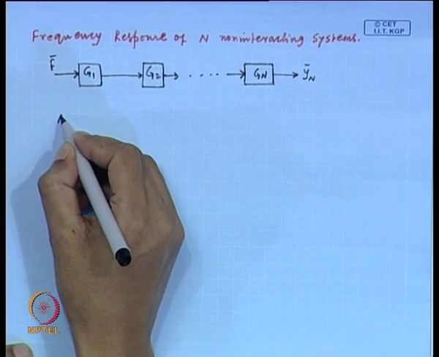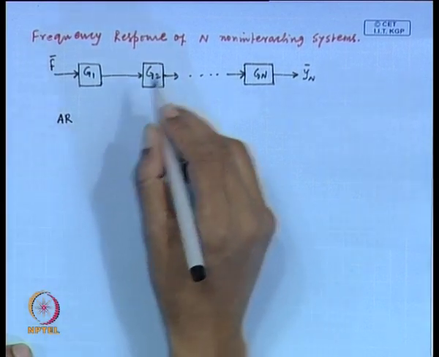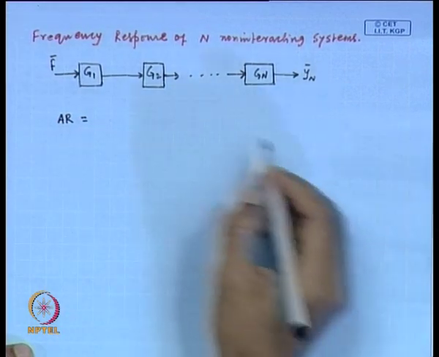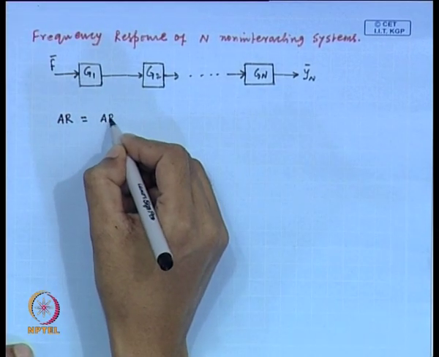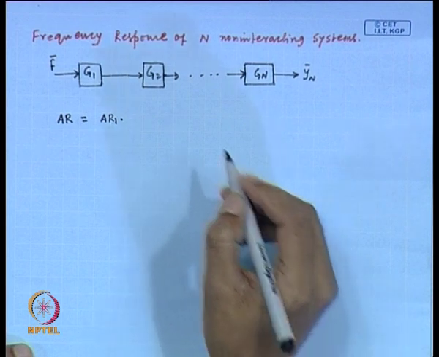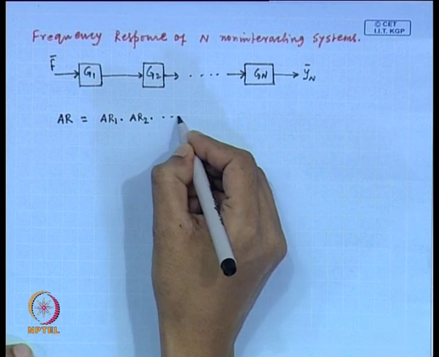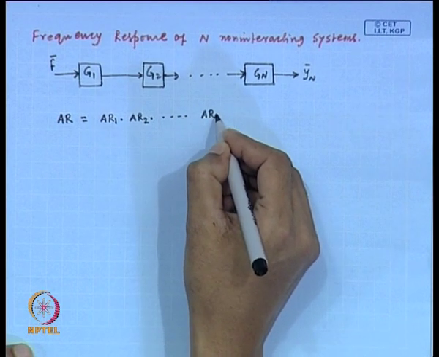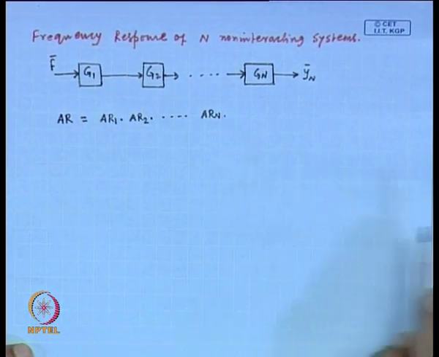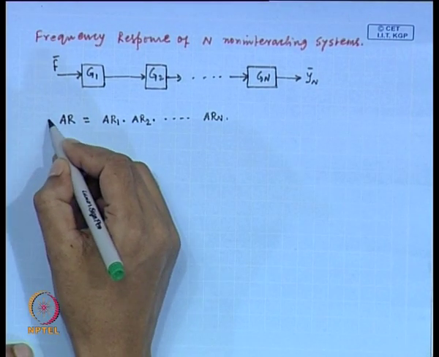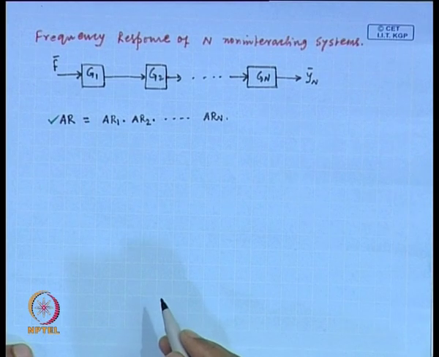Now, the amplitude ratio of this overall system can be represented as the multiplication of individual amplitude ratios. This is the overall amplitude ratio, which is the multiplication of individual amplitude ratios.